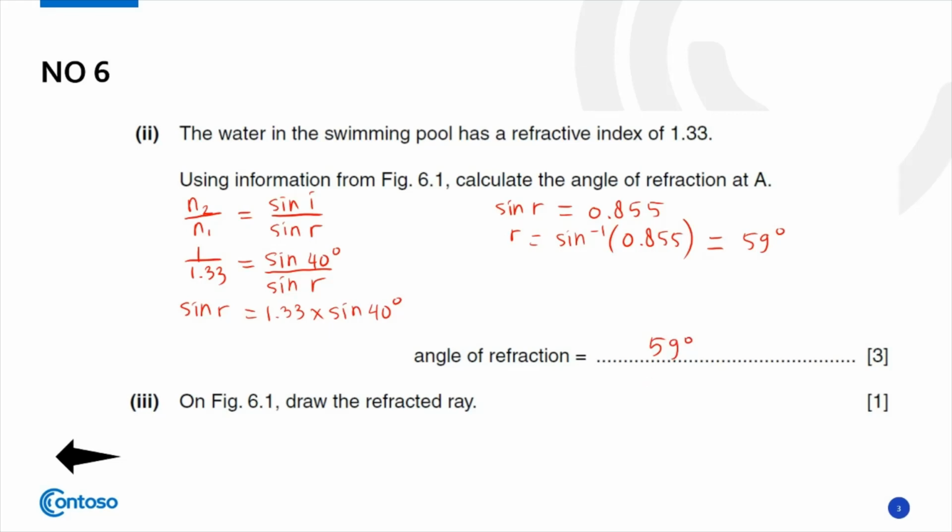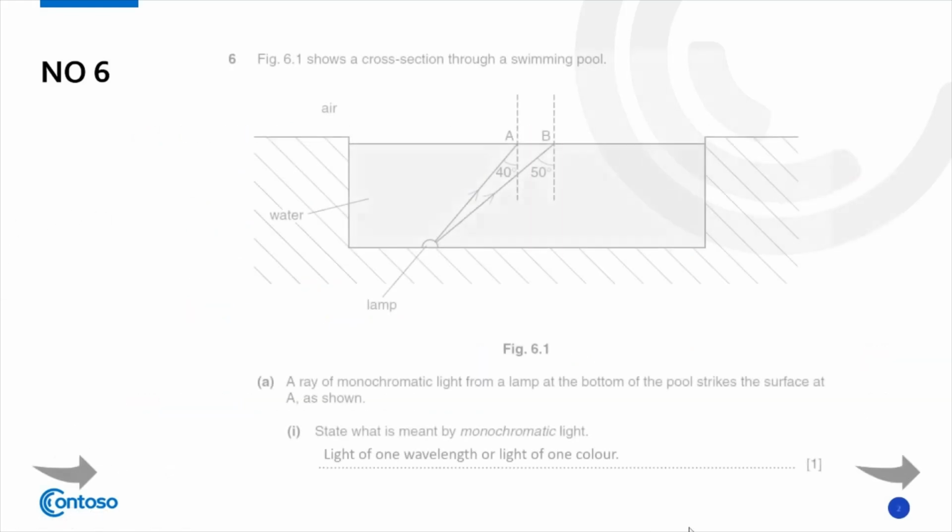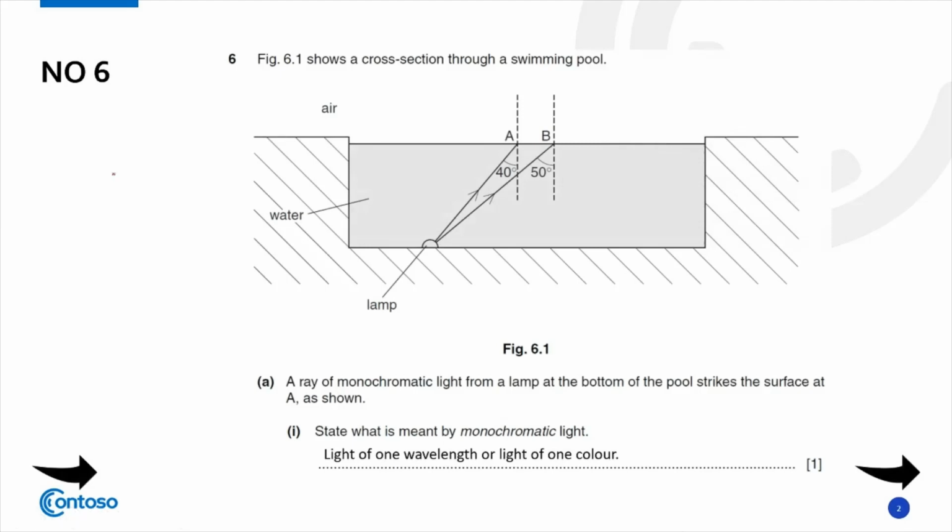Question 6a, triple I. On figure 6.1, draw the refracted ray. To draw the refracted ray, we have to go back to figure 6.1. Use your protractor to measure the angle of refraction. From the previous calculation on question 6a we get the angle of refraction at A equals to 59 degrees.